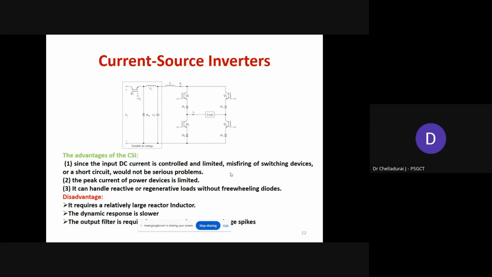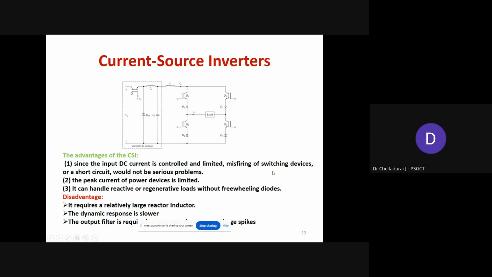In general, the current source inverter advantages: since the input DC current is controlled and limited because of using this very high inductor, if any misfiring or switching short circuit occurs, it would not be a serious problem.